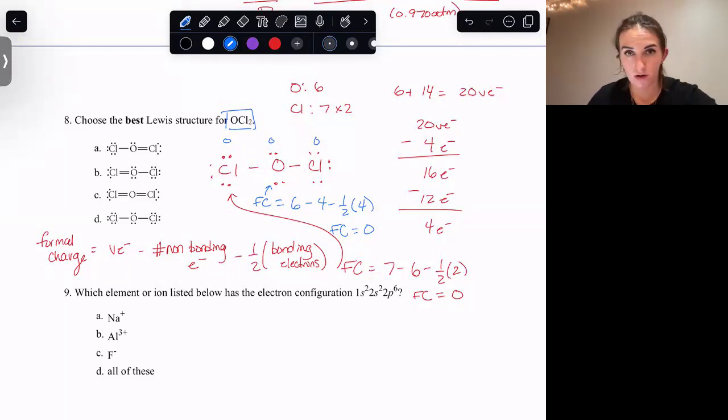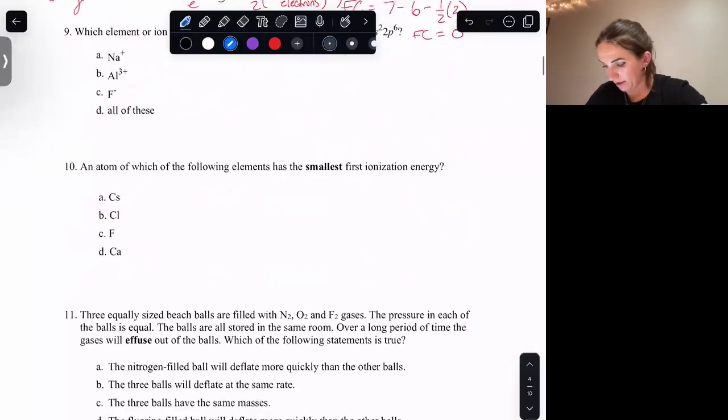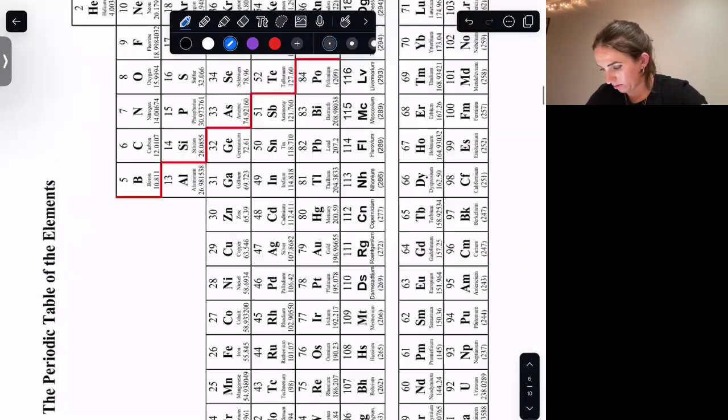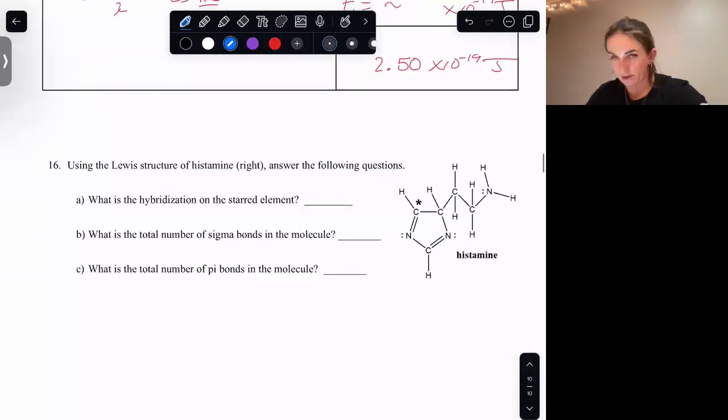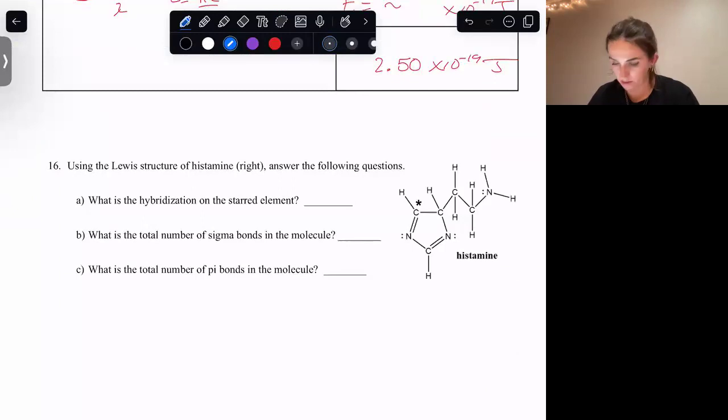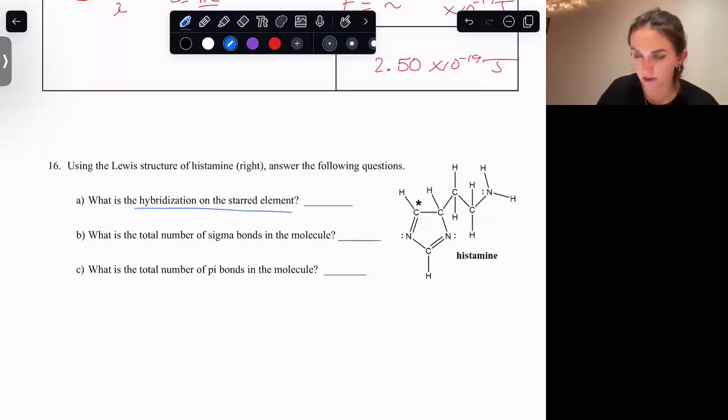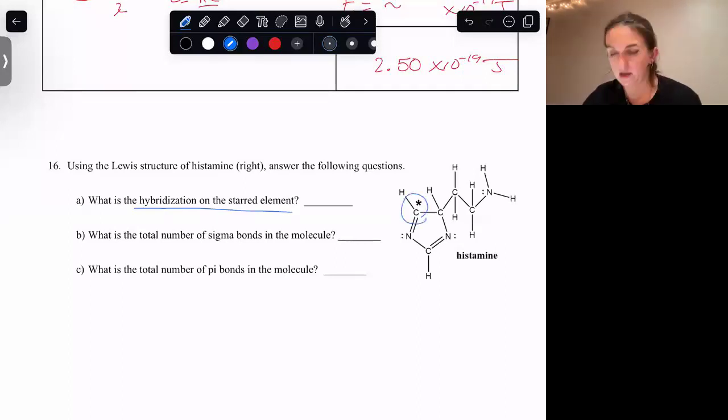Okay. Someone asked for hybridization, so if we look at this question here. Question A asks, what is the hybridization on the starred element? So your starred element is carbon in this case. When you're looking at hybridization, you're looking at how many electron domains there are.